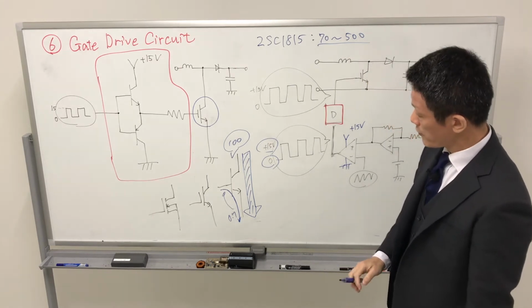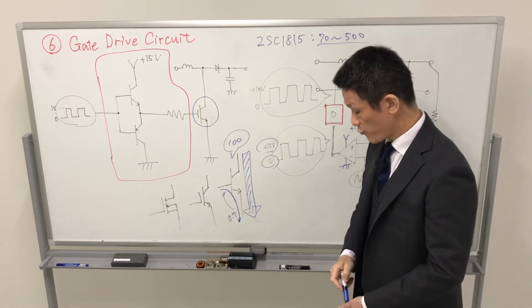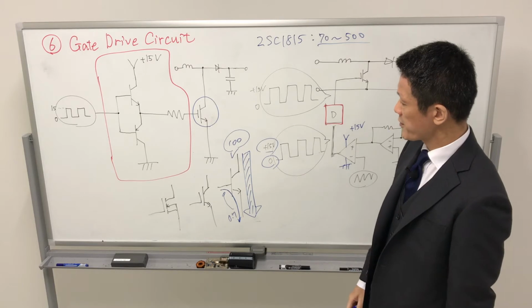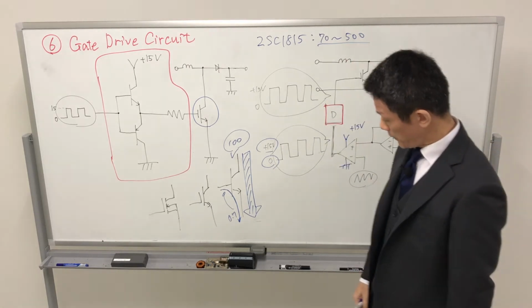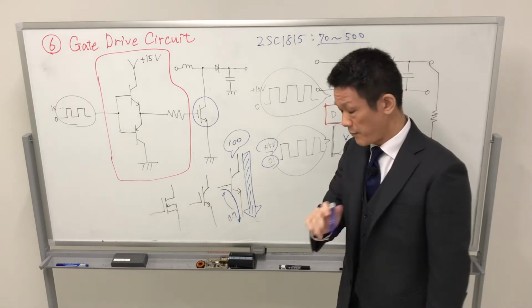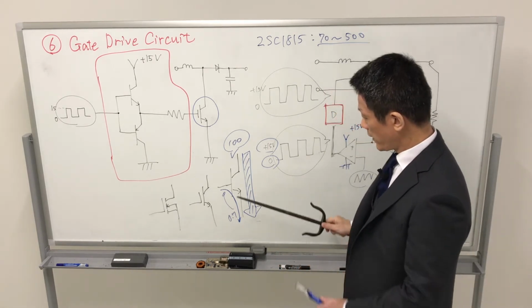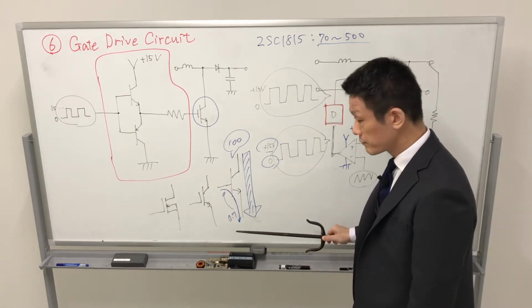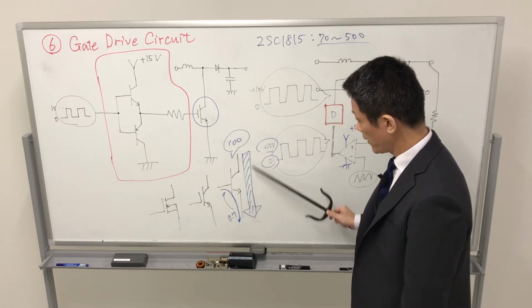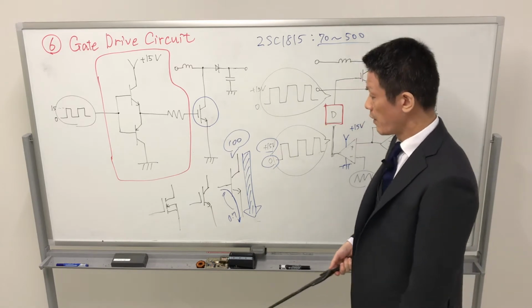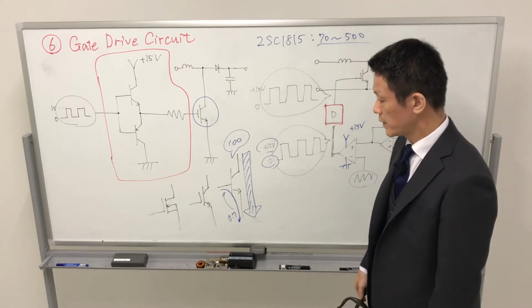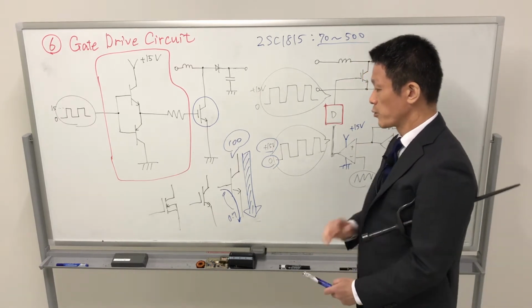So usually we treat the current amplification as around 100. As an image, if 1 ampere flows through, the power line current flowing through the switch is 100 ampere.